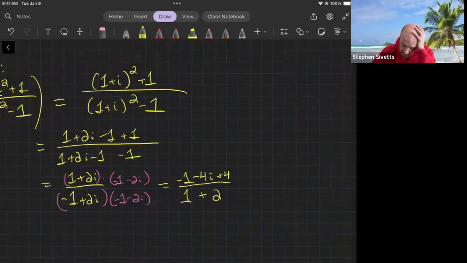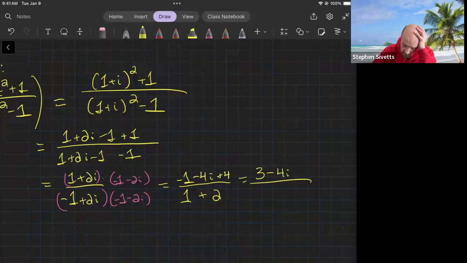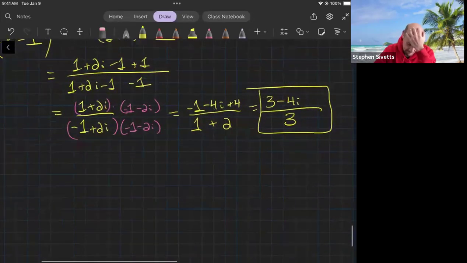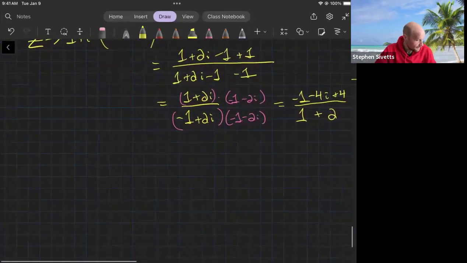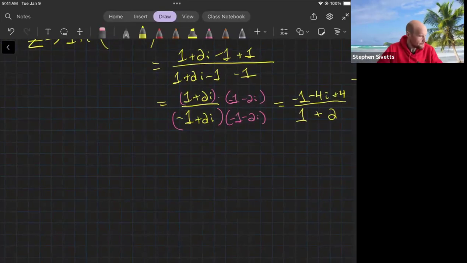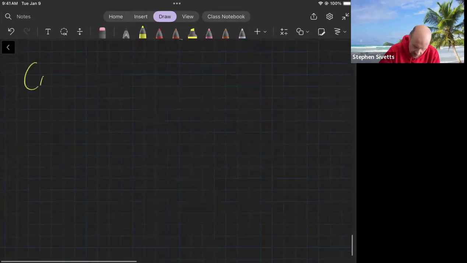So that would be (3 minus 4i) over 3. So that's what that limit equals. All right. The next thing I want to talk about is continuity.